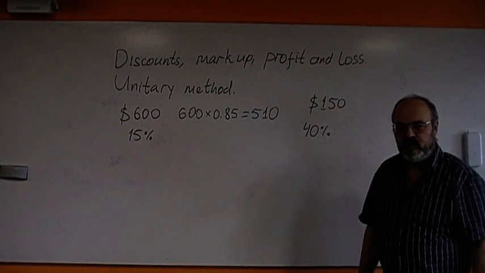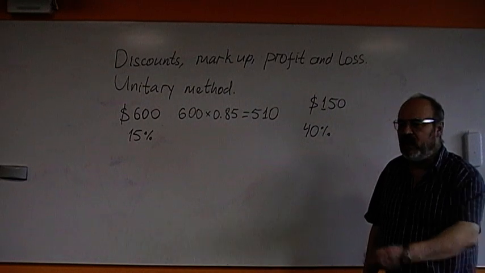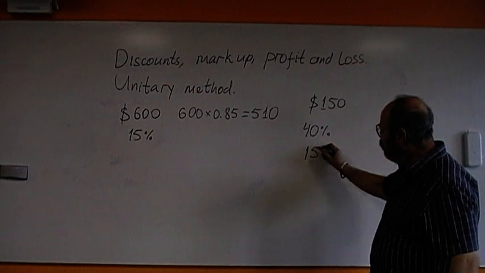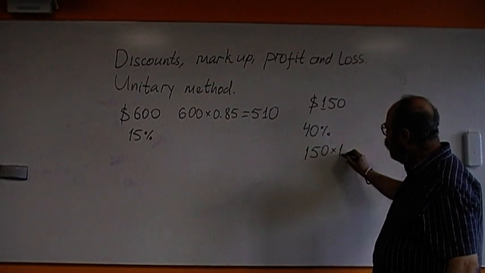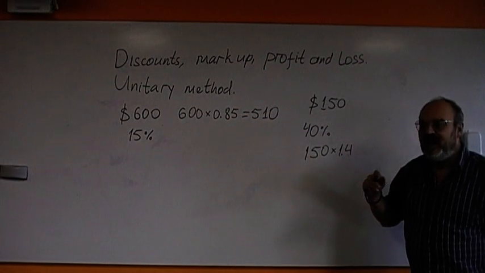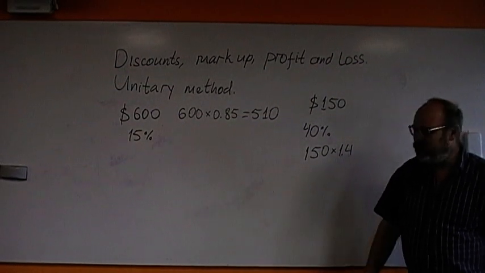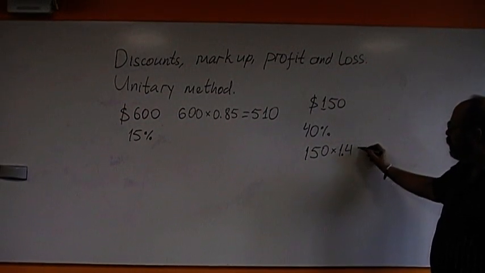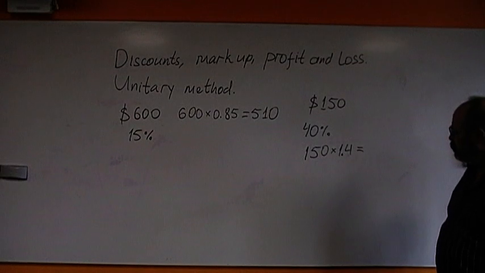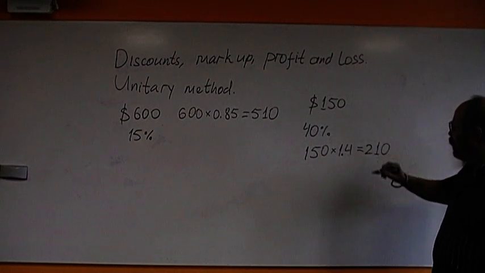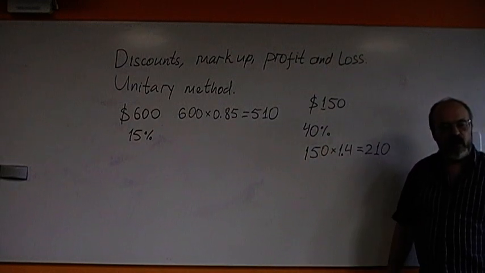It's 150 times 1.4. Why do we multiply by 1.4? Because the original price is 100% plus 40% is 140%, which is 1.4. That will be equal to $210. So that's how we calculate markup.